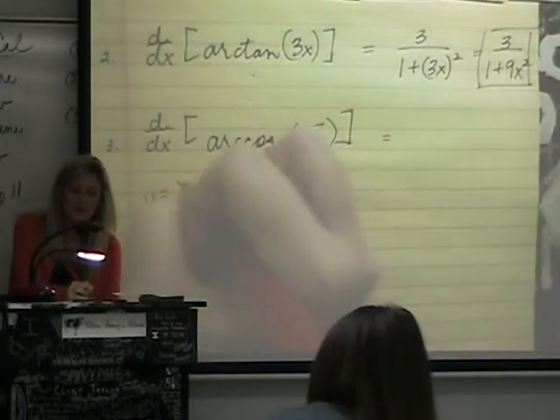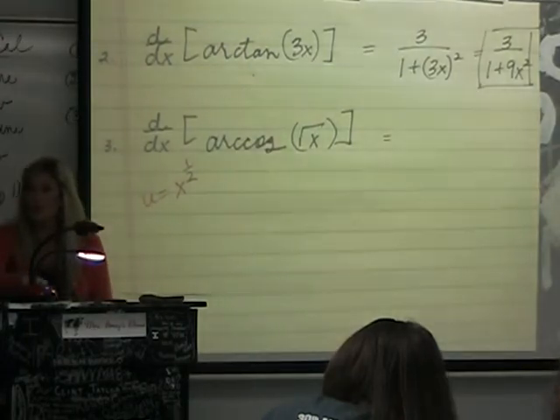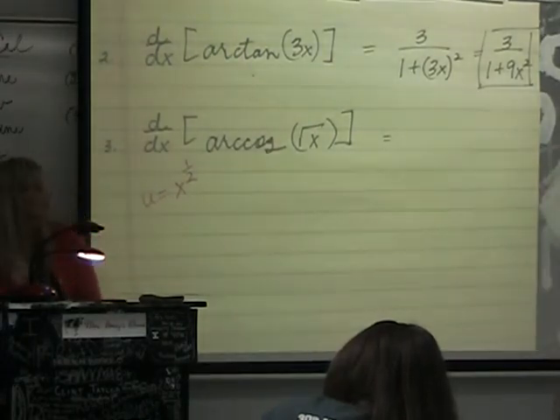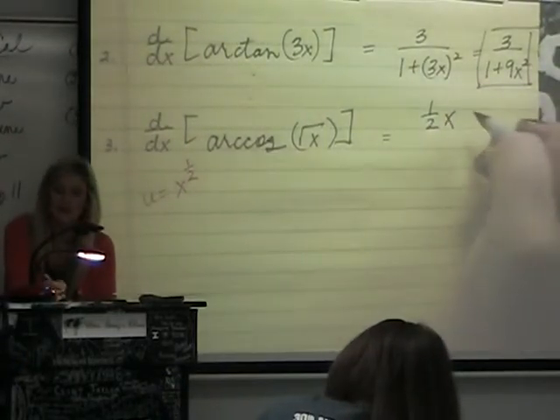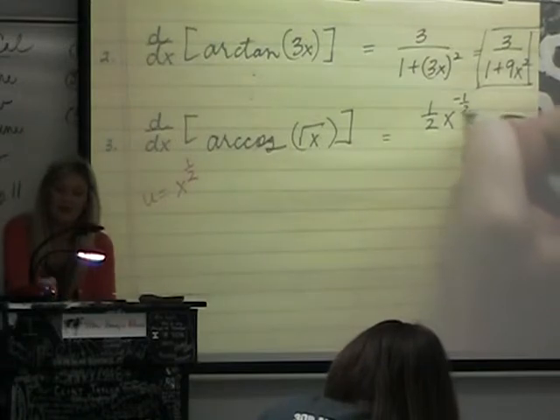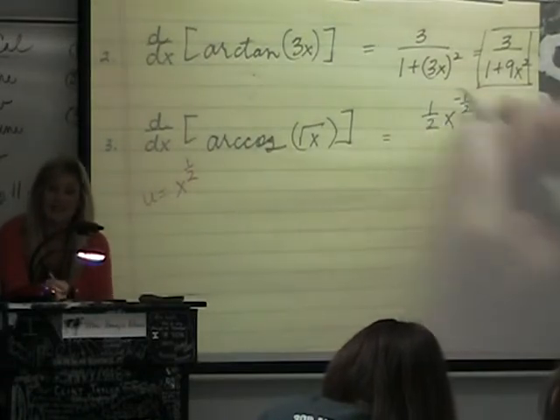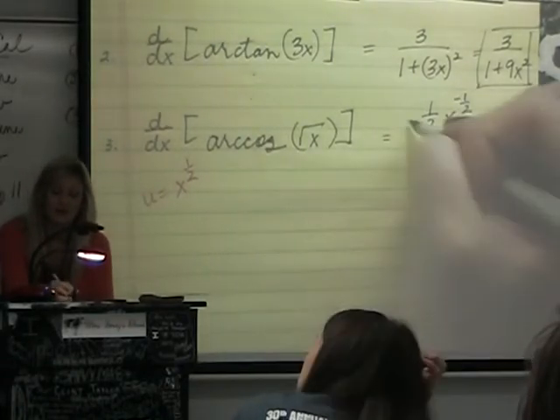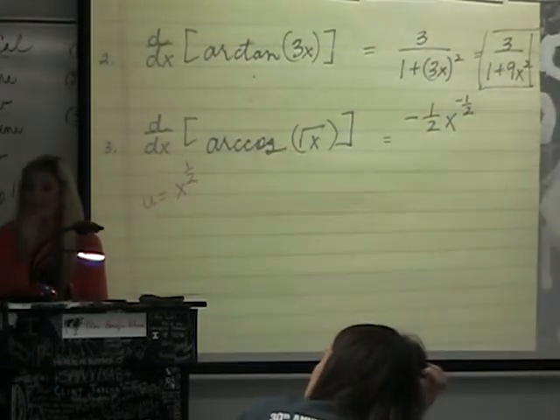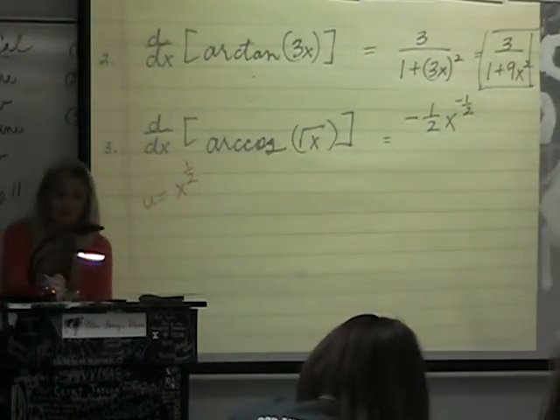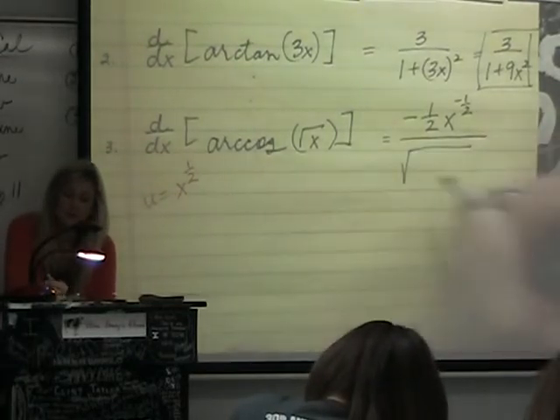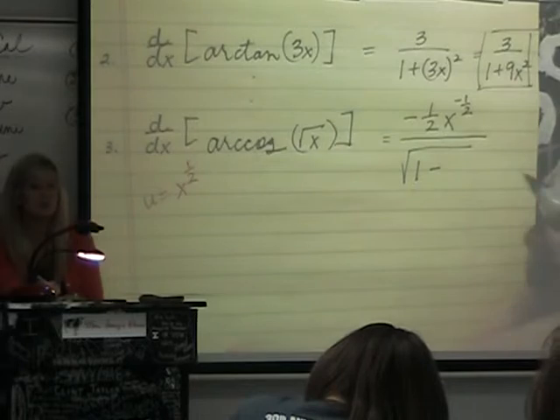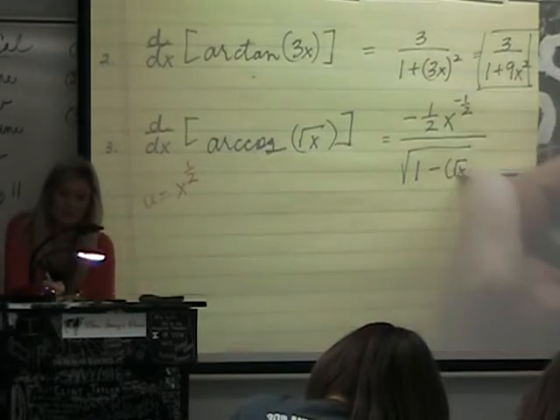My u is the square root of x, but I'm going to write it as x to the 1/2 power. And so what is the derivative of that? 1/2 x to the -1/2. And then I need to make that whole thing negative, because my formula says negative u prime, over the square root of 1 minus u squared. So square root of x squared.